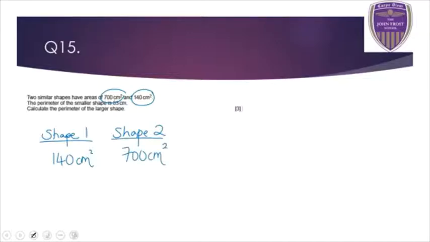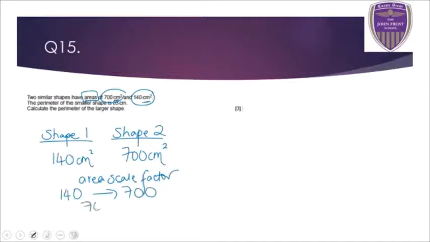Okay, now from that you can work out the area scale factor. How do I know it's area? Well, the units, the centimetres squared are a giveaway, but it does tell you in the question. So you can work out the area scale factor. In other words, how did 140 become 700?